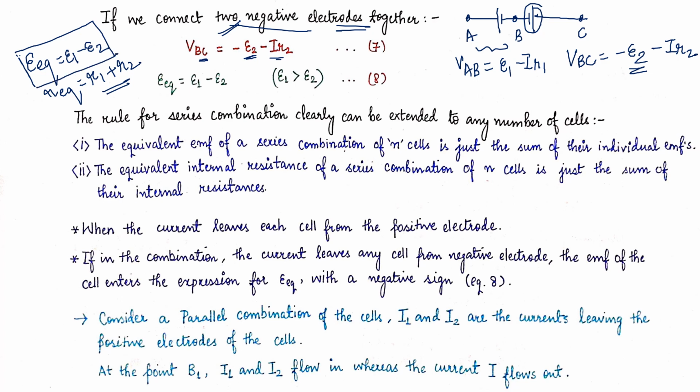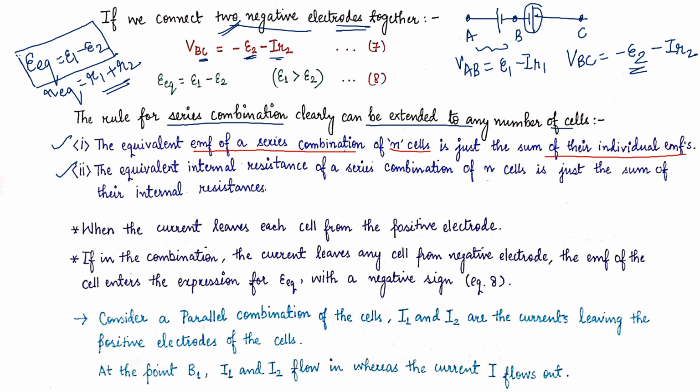Now, there are a few rules for series combination, which can be extended to any number of cells, and we have to follow these two rules. The equivalent EMF of a series combination of n cells is just the sum of their individual EMFs.